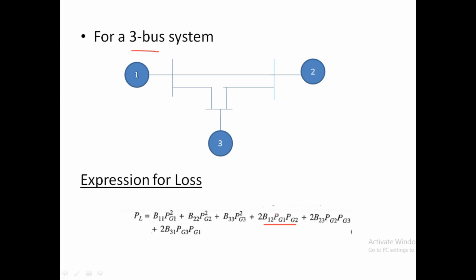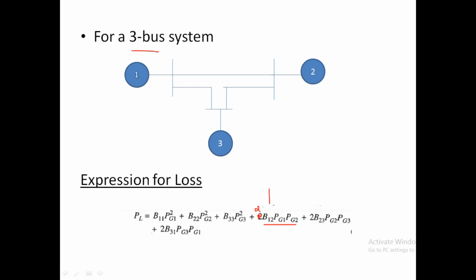Yes, 2 is there. Actually, they are summing up two terms. That is why 2 is coming here. So it will be 2 into B12 into Pg1 into Pg2 plus Pg2 into Pg1 into B21. Both are similar.